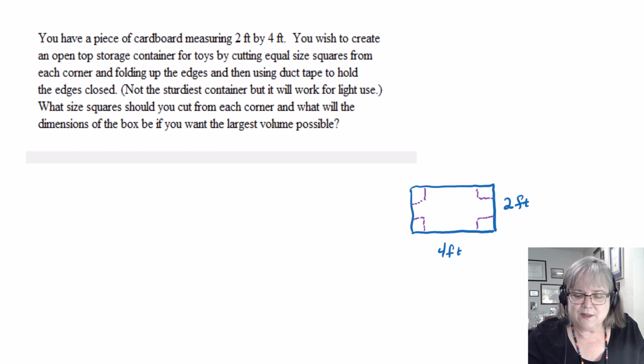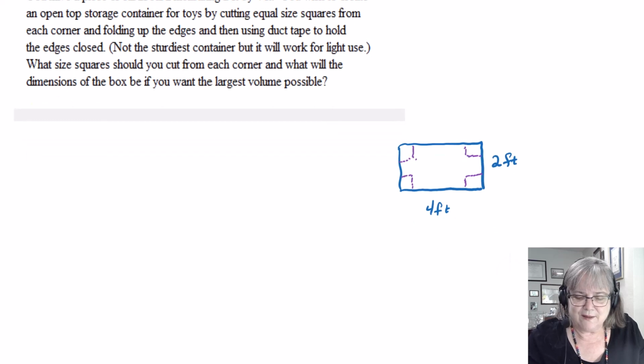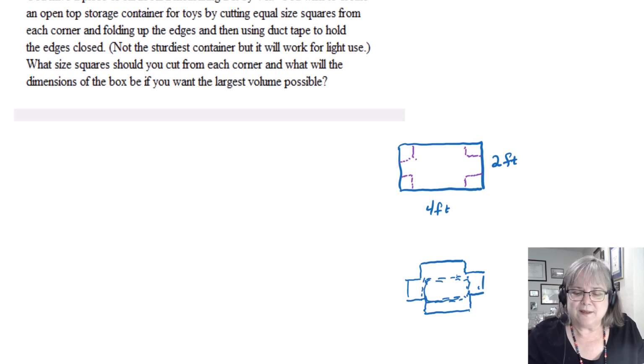And then what that would do is leave you something that kind of looks like this. And then you would fold this up, this up, this up, and you would have, and this would be the bottom of your box, and these would be the sides.